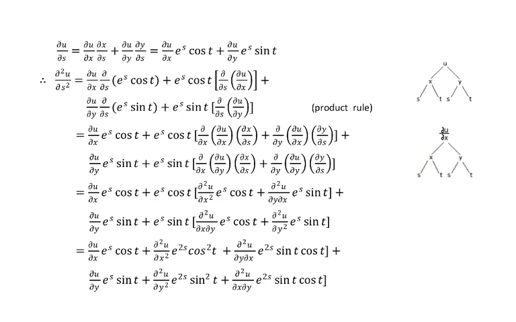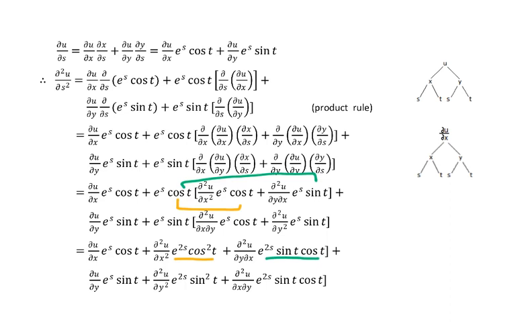We now simplify the last result that we obtained by removing the brackets. So let's see where the different terms go. If we look at this product, then we get this term here, e to the power 2s times cos squared of t. If we look at this product here, then we get this term over here, e to the power 2s times sin of t cos of t.